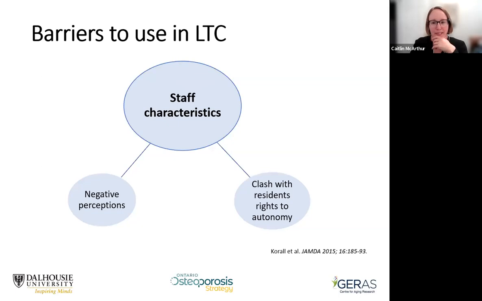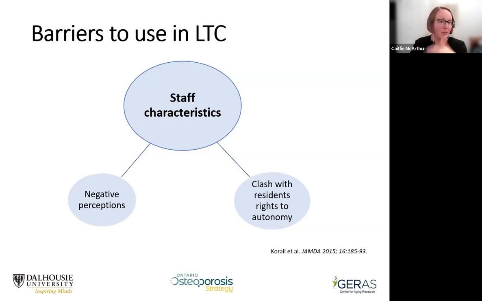From a staff perspective, barriers are things like negative perceptions of hip protectors. So staff having concerns about things like hygiene, cost effectiveness, maintaining dignity of residents, the side effects, particularly for skin like pressure damage or redness, and the amount of effort to don and doff.